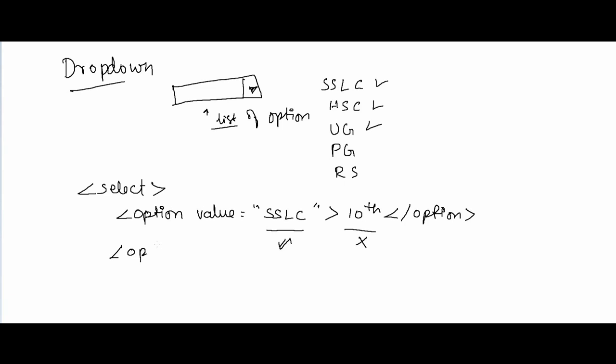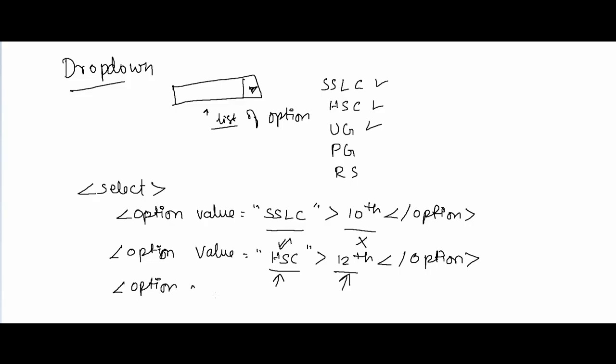Instead of that, this SSLC will be sent, right? So next option, value is equal to HSC. So 12th option. You can use the same word also, just for understanding I am using a different value. This is for the viewer end and this is the value which is sent to the server to store in a database. So likewise we can add the options.